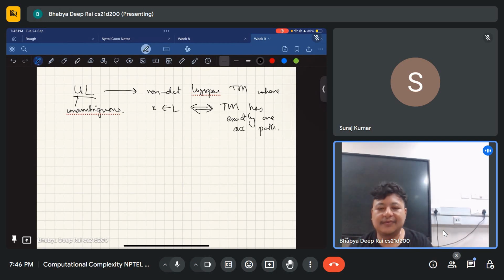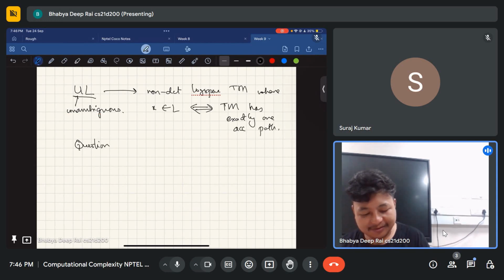This is unambiguous log space. So we are just generalizing the idea to log space also. Now, both UL and NL are non-deterministic classes, right? So the question is, what is the state of NL versus UL?